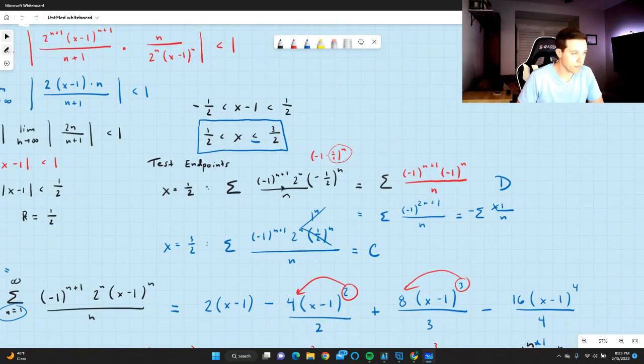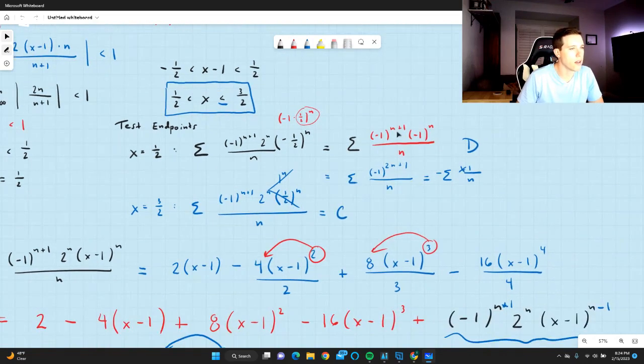Now, when I plugged in 1/2, I got negative 1/2 times 2 to the n. I can combine these together by writing it as negative 1 times 1/2 times 2, put them inside the same n term, and they just basically cancel out. They become 1 to the n. So you're left with a negative 1 to the n and a negative 1 to the n plus 1. So does this mean it's alternating?